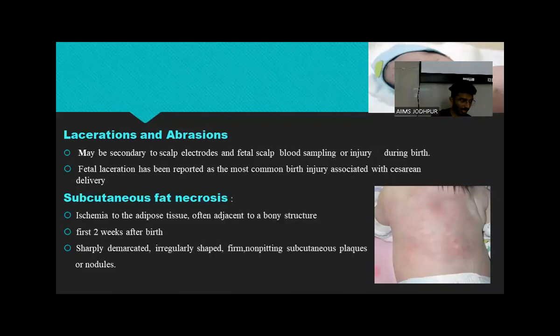This can undergo calcification later. So these babies need to be followed up for at least 6 to 7 weeks, because they can also have features of hypercalcemia.